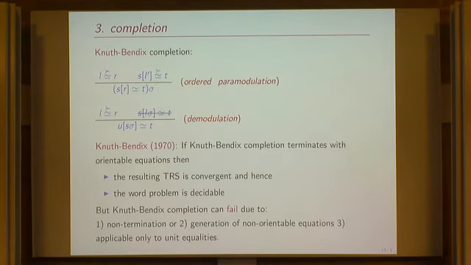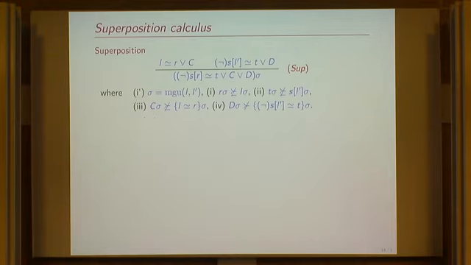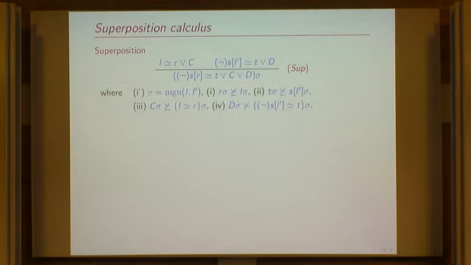So superposition is the calculus which extends this idea of completion and normalization to more general logic. This is the main superposition rule. It looks horrible, but the basic idea is exactly the same. It goes back to paramodulation, but now applied to clauses as well.